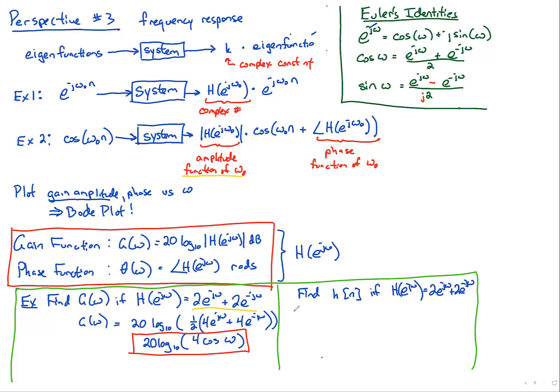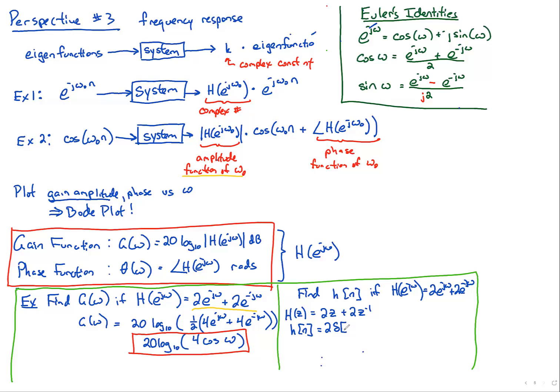And can I give you a hint to make it clearer? Tell me what h of z is to start off with. It's 2z plus 2z to the negative first. All right. So now go for it. What's h of n? H of n is 2 impulse of n plus 2 impulse of n minus 1.